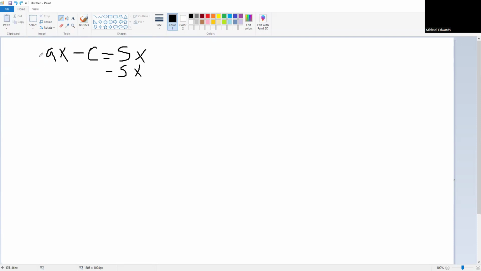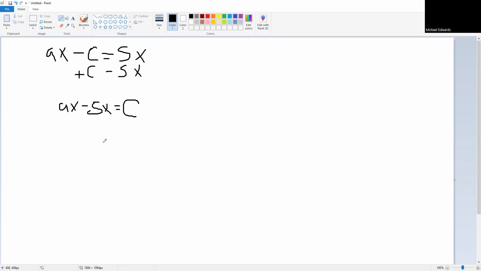Now, because this is an A, you can't combine it with this one because this is A. But let's go ahead and add this C out. So what we get is AX minus 5x equals C.